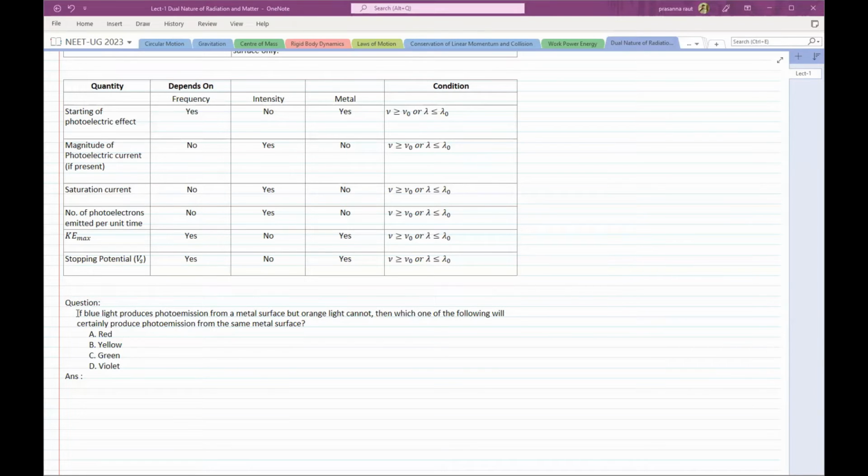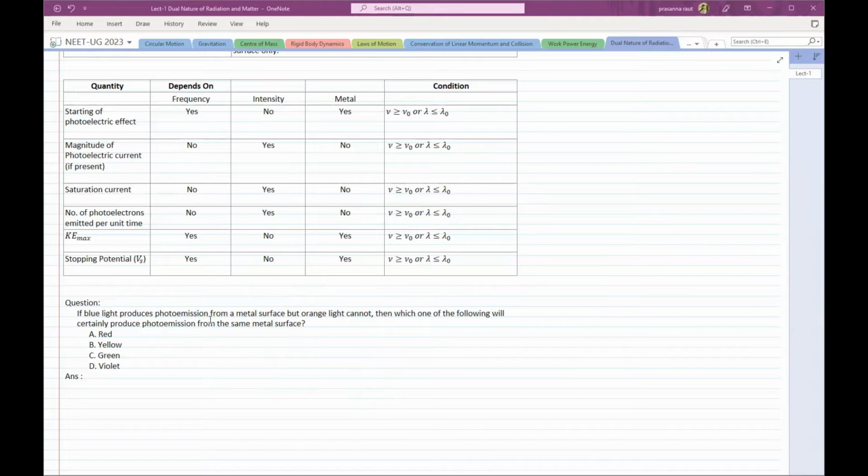The question says blue light produces photoelectric emission from a metal surface, but orange light cannot. This practically means the frequency of blue is certainly greater than or equal to threshold, but the frequency of orange is certainly less than threshold. So we have some uncertain region between orange and blue: if orange is slightly below threshold, then yellow, green, blue, violet will all produce emission.